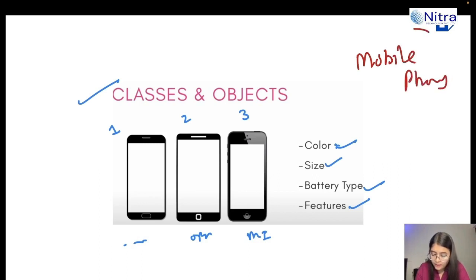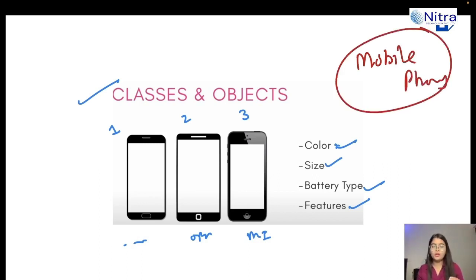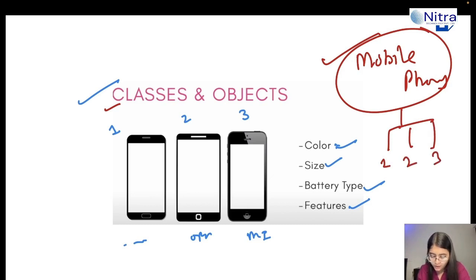If we want to put all of these in one category, we can say mobile phone, cell phones, right? So if we have a class of mobile phones, then we can have objects 1, 2, 3 which are of different companies. This is how the concept of classes and objects works.